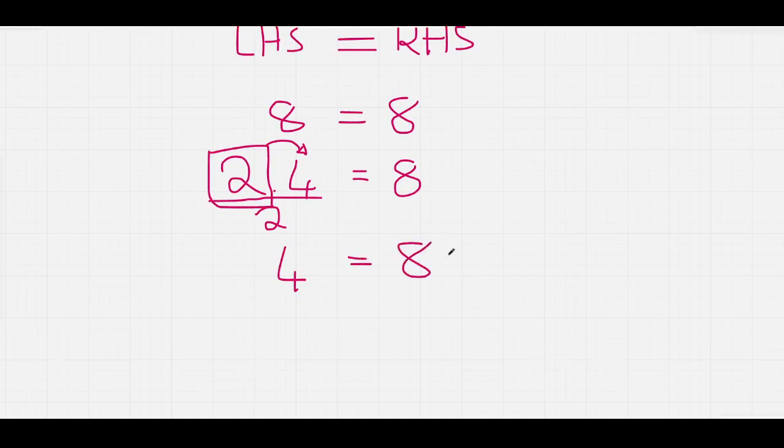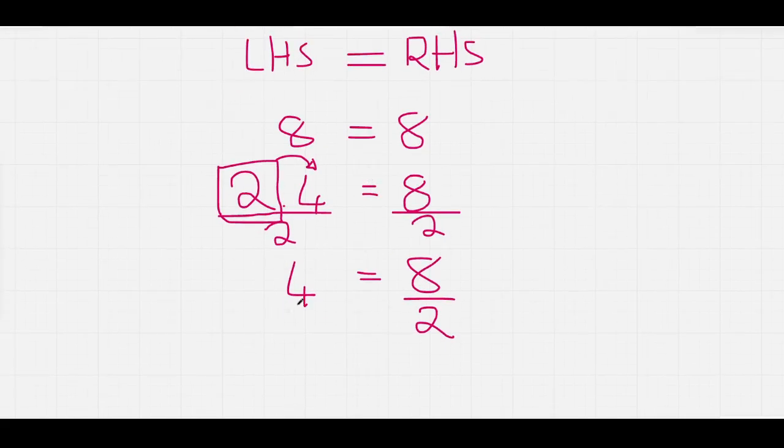And that does not make any sense at all. So what we realize is that if I do something on the one side, I have to do the exact same thing on the other side as well. So we see that 8 divided by 2, so 4, is equal to 8 divided by 2, and I think we can agree that these two are equivalent.